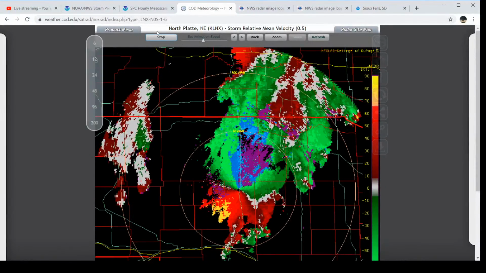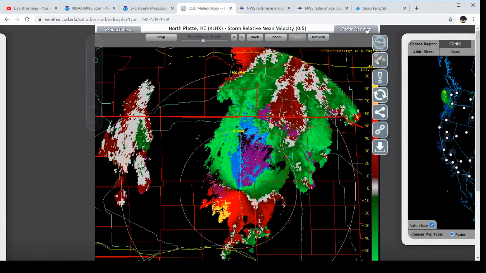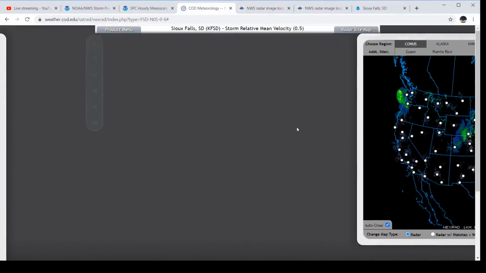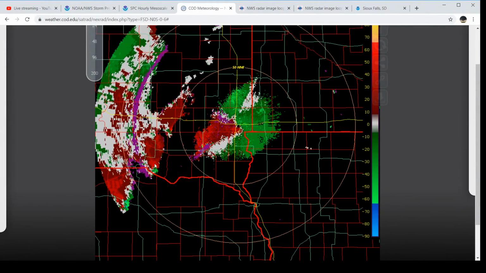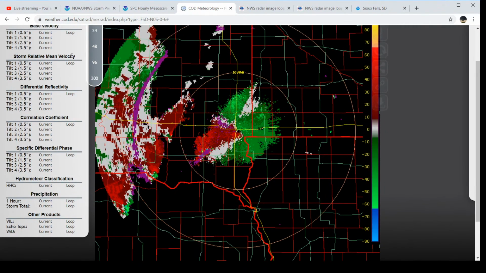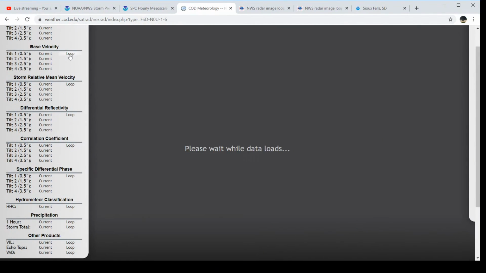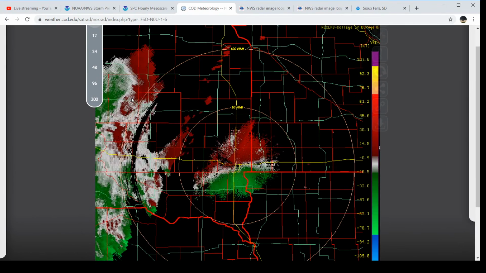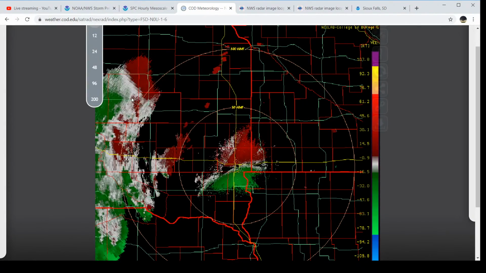Well, let's look. We know what radar sites to go look at. Let's see what just happened. So it'll be that radar site, with this storm down here. Huh. I'll say that's a pretty nice couplet. Base velocity, does it show us anything different? Wow, that does look really good.